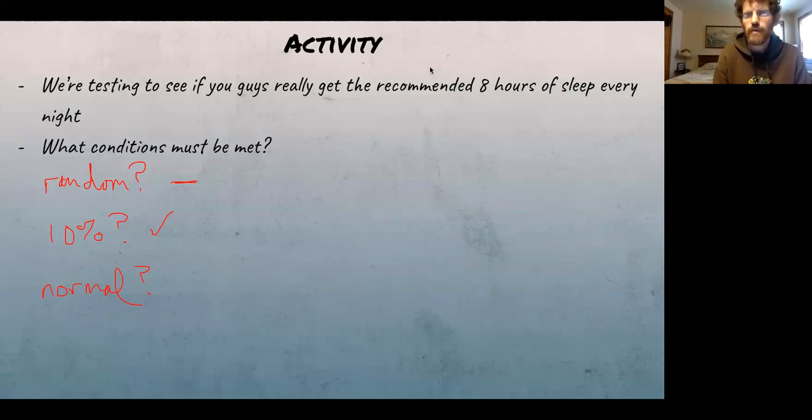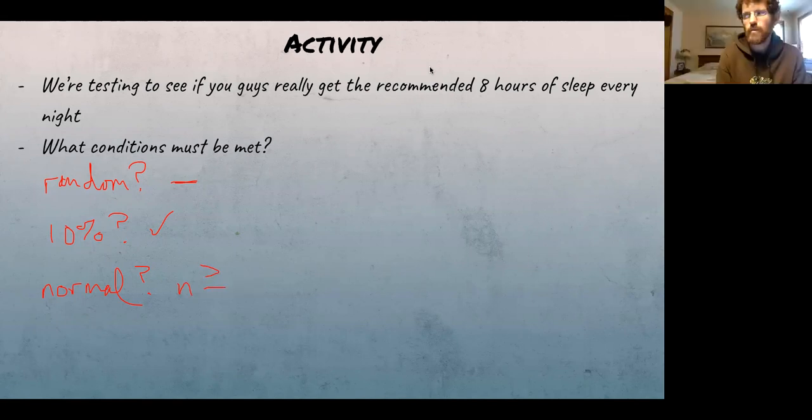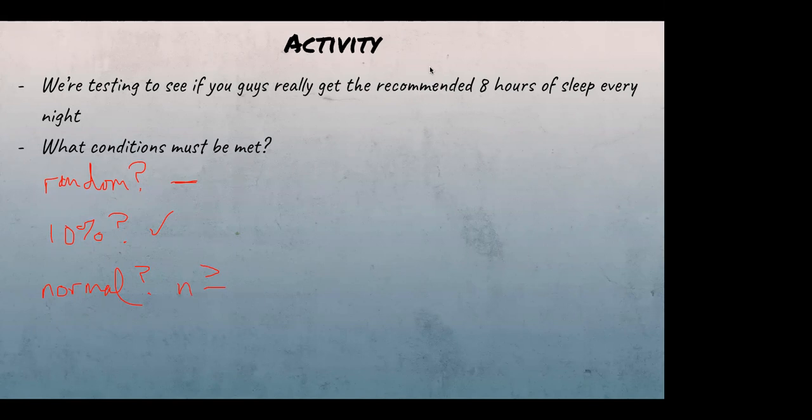And to be fair, we only studied this once before with confidence intervals. Does anyone remember what our sample size needs to be? It just has to be greater than 10.